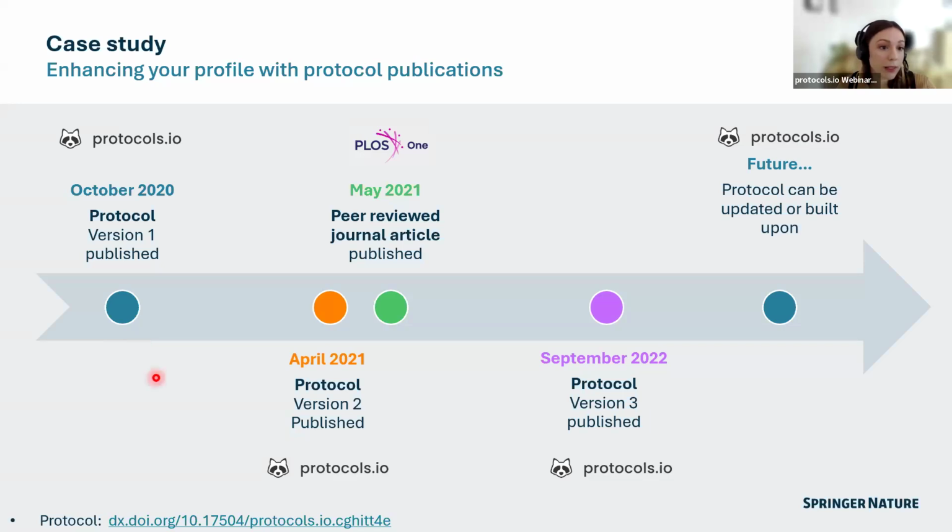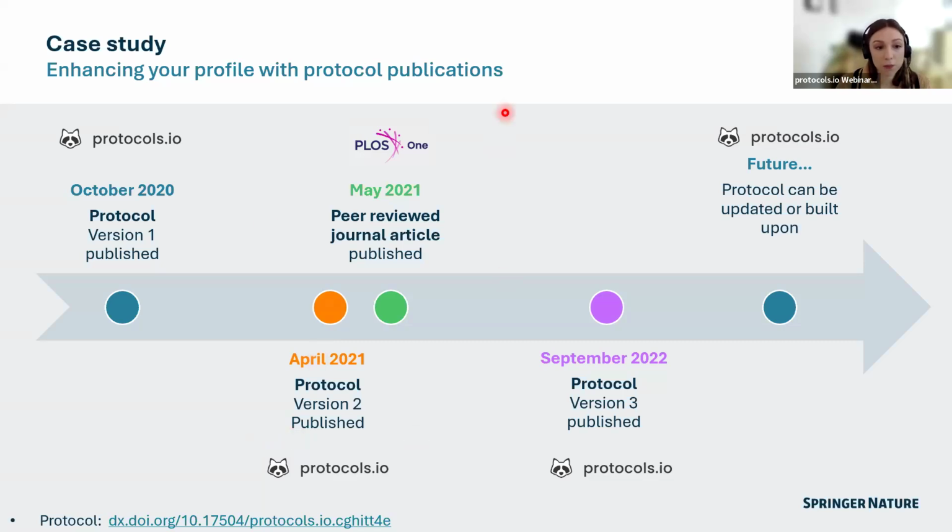Then he made the decision to publish that protocol alongside a PLOS ONE journal article. So before that PLOS ONE journal article was published, he was able to update this original protocol by publishing a new version on protocols.io. That was done about 6 months later in April 2021, right before the PLOS ONE publication came out. But you can see these were published around the same time.